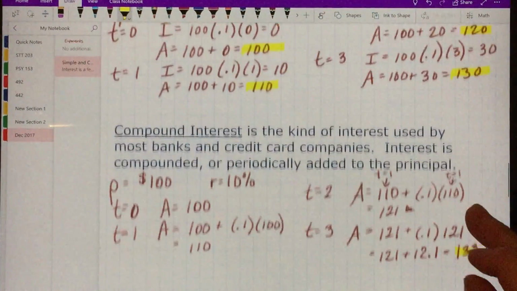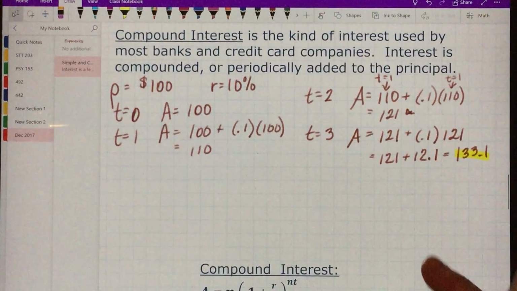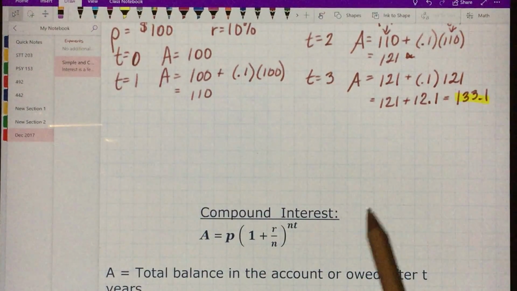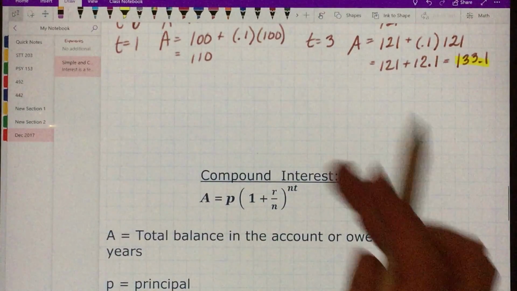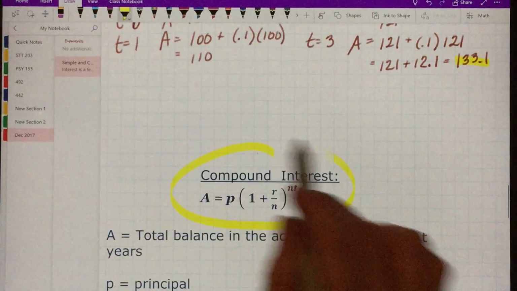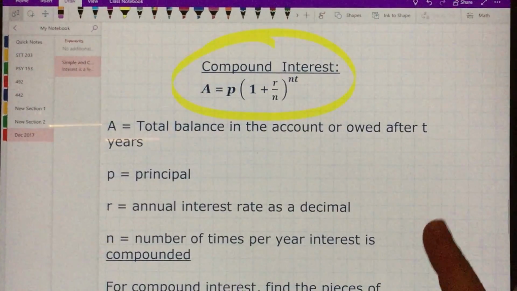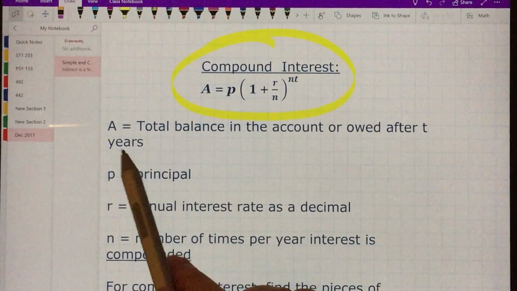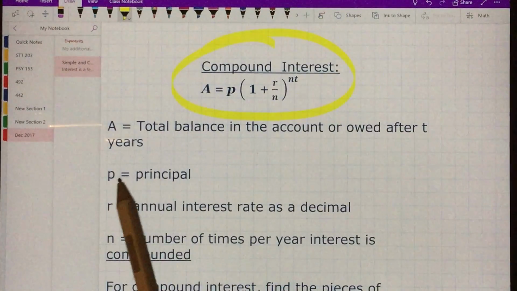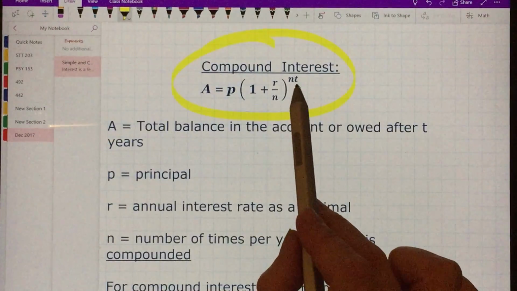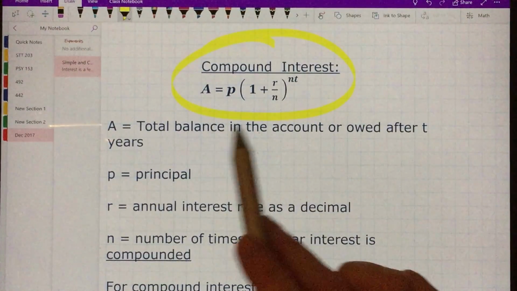So you can see that this is a higher amount than what we pay with simple interest because it grows faster. So to calculate compound interest so that we don't have to take each step and just keep adding it up, we have this nifty formula. And let's look at what all these pieces mean. A is the total balance in the account, or the total balance owed after T years.